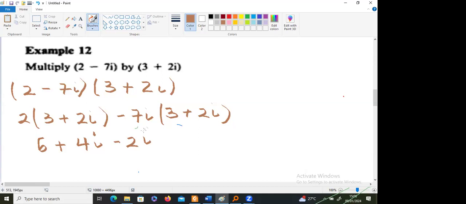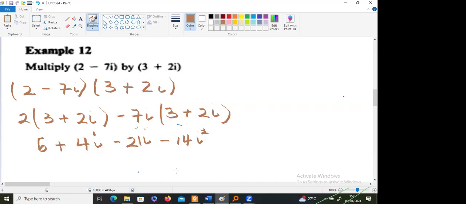Then we have negative 7i into positive 2i, and that will give us negative 14i squared.